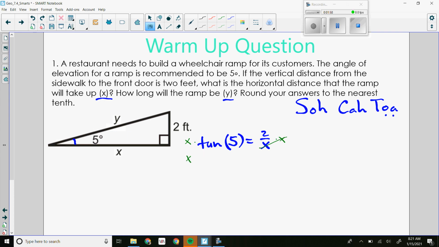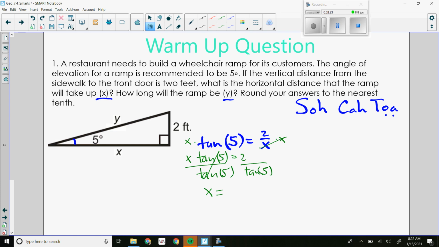That leaves us with X times the tangent of 5 equals 2. Okay, so I have to divide by the tangent of 5 on both sides of my equal sign. And when I do that, the tangent of 5s will cancel on the left side, giving me X equals, and then in the calculator you can type in just 2 divided by tangent of 5, and that's 22.8.